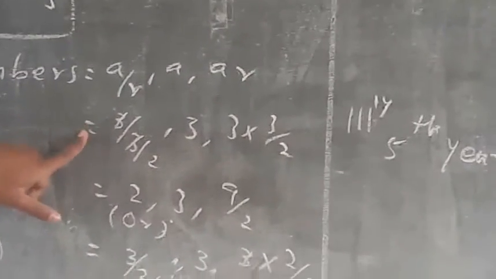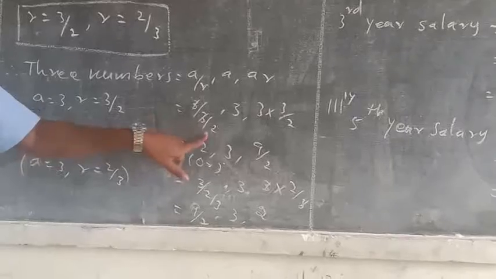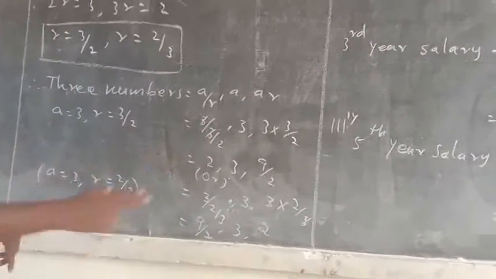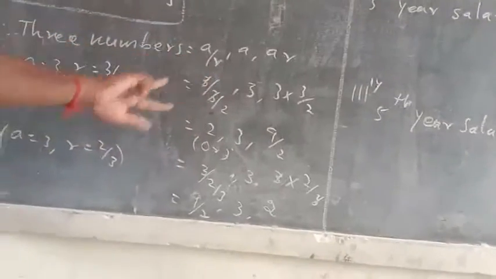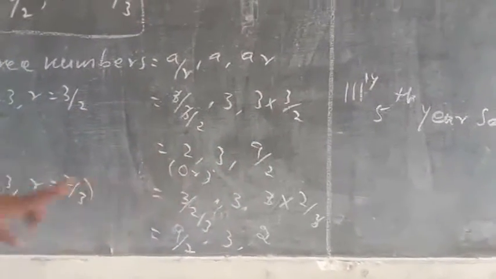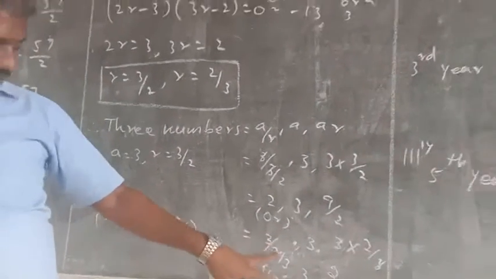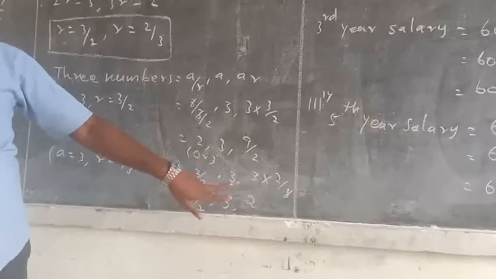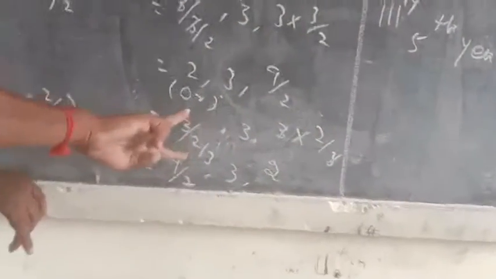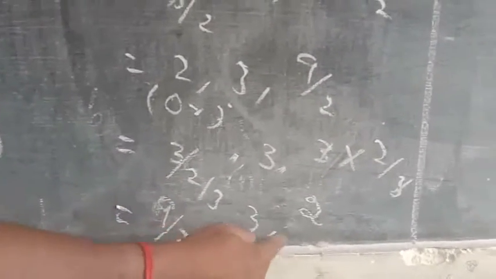Substitute: 3 by 3 by 2, 3, and 3 into 3 by 2. 3 cancels. Division converts to multiplication, and the fraction becomes its reciprocal. So 2, and 3 3s are 9 by 2. Now a equal to 3 and r equal to 2 by 3: 3 by 2 by 3, 3, 3 into 2 by 3. 3 cancels. Division converts to multiplication, taking the reciprocal of the fraction. So 3 3s are 9 by 2, and 2.